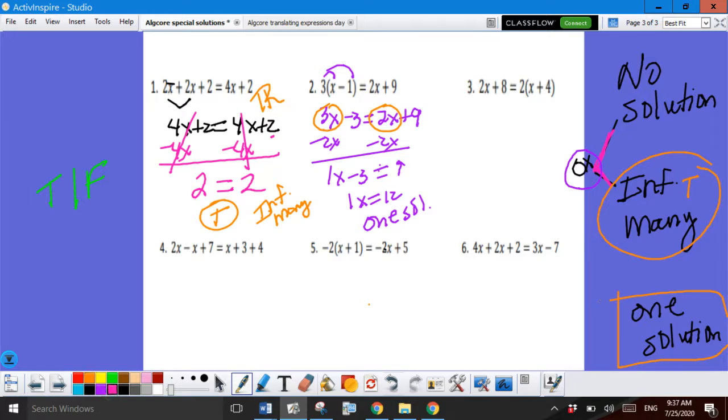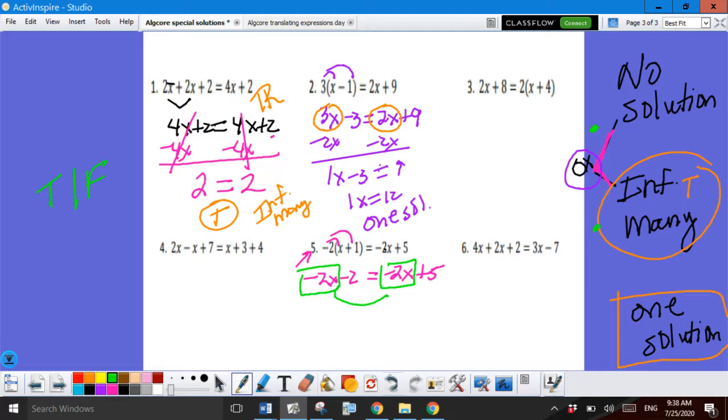All right, let's go down to number 5 and look at the other type here. I'm going to distribute: negative 2x minus 2, and negative 2x plus 5. What do you notice on this one? I notice that the negative 2x and the negative 2x are the same. So that tells me I'm going to be looking at either no solution or infinitely many.